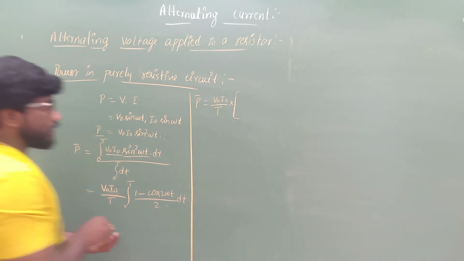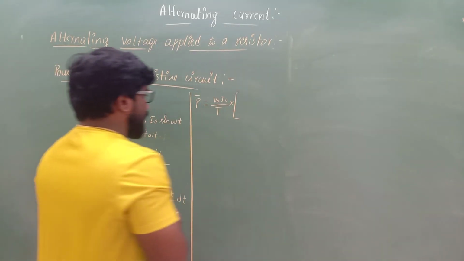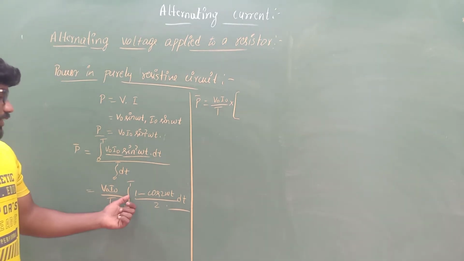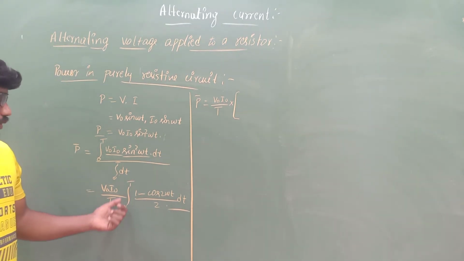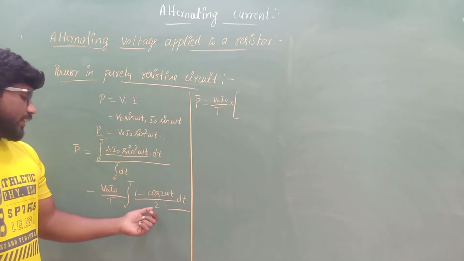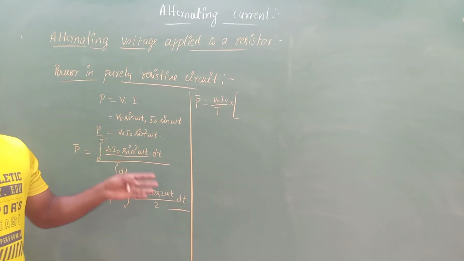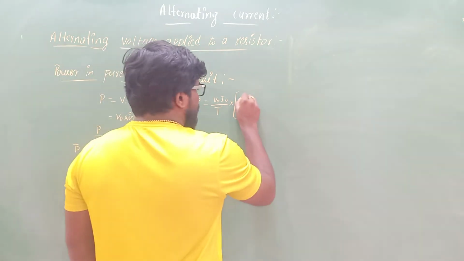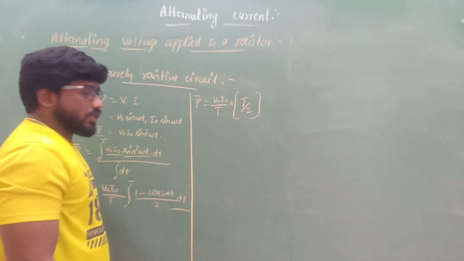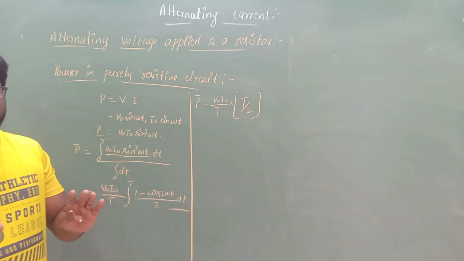If you want to integrate this, you can refer to the previous video. There we got the integration from 0 to T of (1 minus cos 2 omega t) divided by 2 into dt as T by 2. Just refer to the previous video, there you will understand.